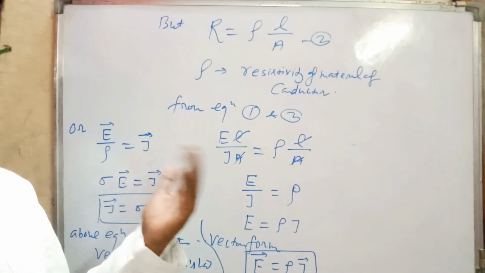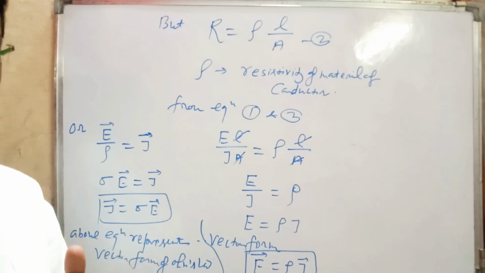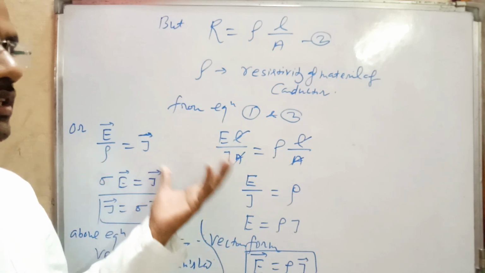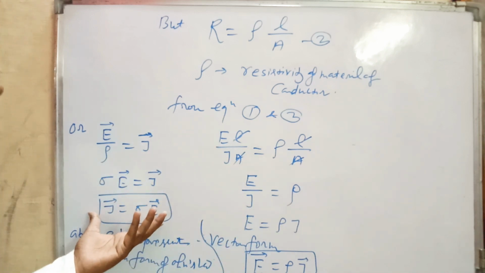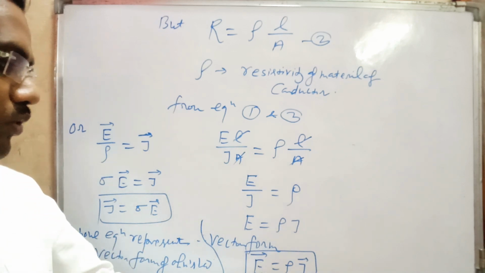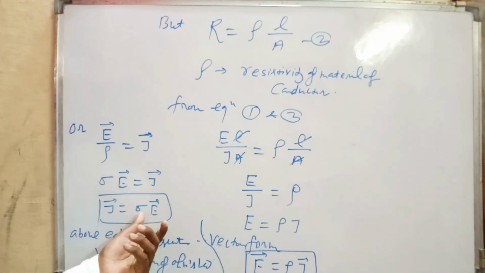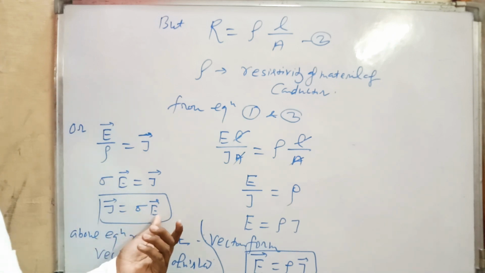And substituting the value of V is equal to EL and I is equal to JA in the scalar form of Ohm's law and solving these, we get the vector form of Ohm's law: vector E is equal to rho vector J, and the second one is vector J is equal to sigma vector E.